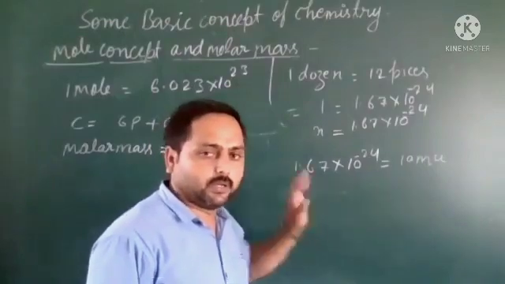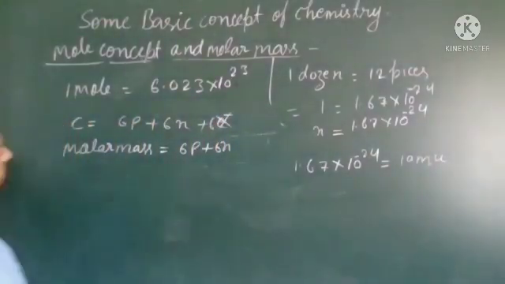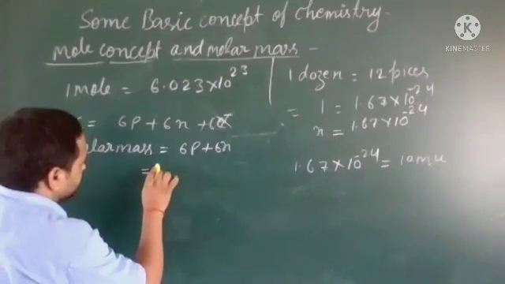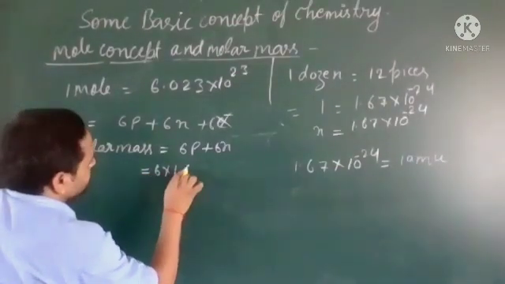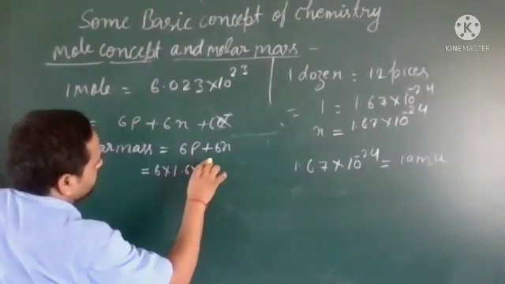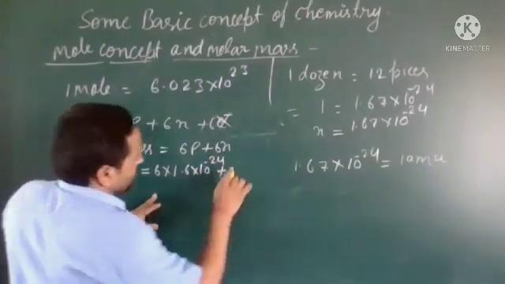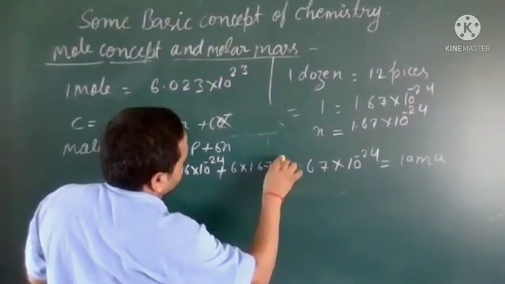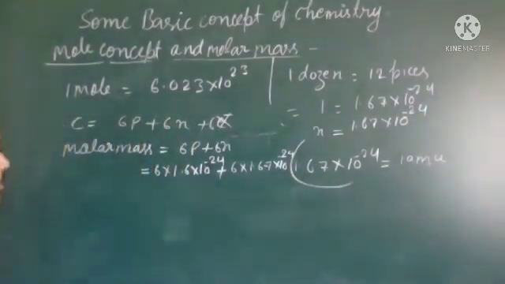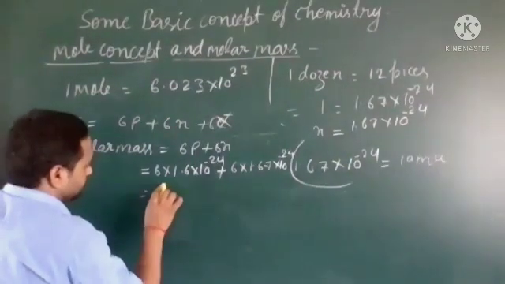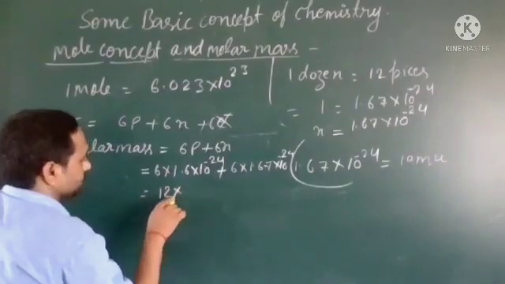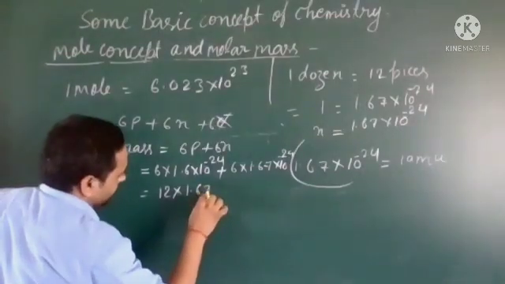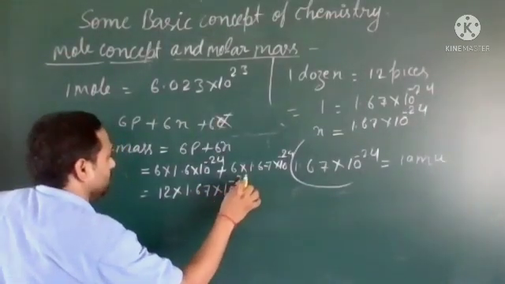1 AMU. Okay, so let us see, if we are calculating the mass of one carbon, just follow the board. 6 × 1.67 × 10^-24 plus 6 × 1.67 × 10^-24. We add both and get 12 × 1.67 × 10^-24.